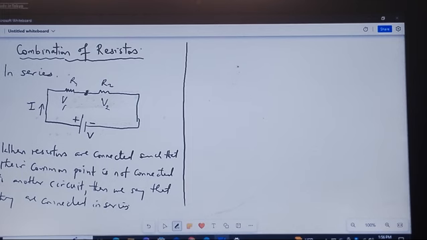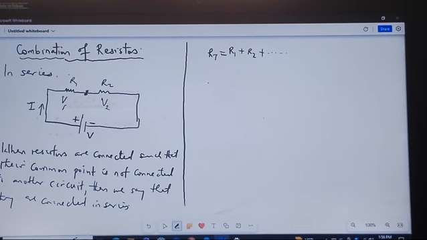And so if you want to find the effective resistance of resistors in series, you have to use the summation law, so that the total resistance is R1 plus R2 and so on and so forth. That equation can be derived, but we'll have to do that maybe in one of my subsequent lectures.